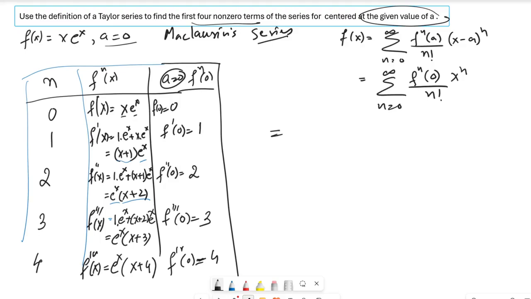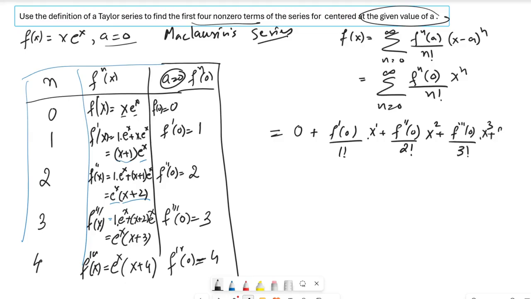Okay, so let's put it all here. Our series is going to be f of 0. F of 0 is 0, so the first term is 0, plus f^(1)(0) divided by 1 factorial times x to the power 1, plus the second derivative at 0 by 2 factorial x squared, the third derivative at 0 by 3 factorial times x cubed, plus the fourth derivative at 0 by 4 factorial times x to the fourth, plus so on.